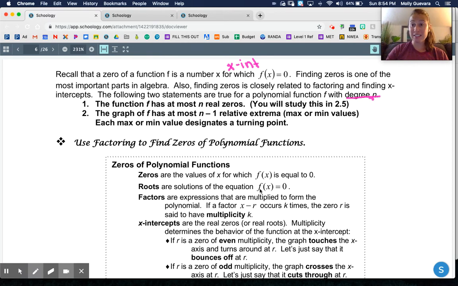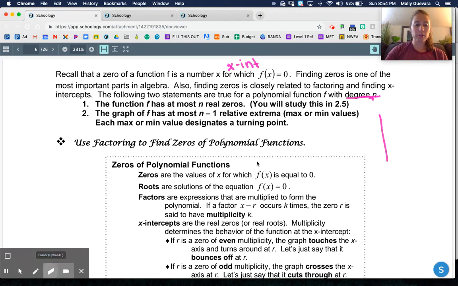It can have less, right? It can have 0, 1, 2, or 3, or 4, but it cannot have any more than 4. So whatever the degree is, that's the most x-intercepts it can have. The number 2 says the graph has at most n minus 1 relative extrema, so maximums or minimums.